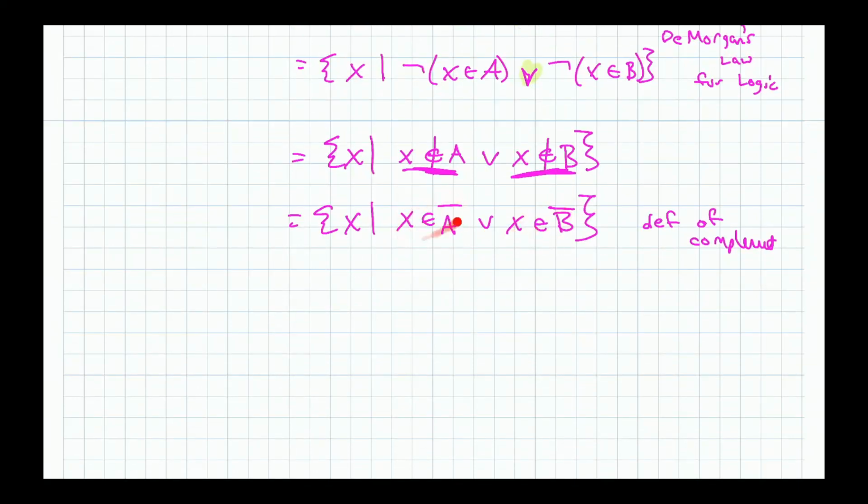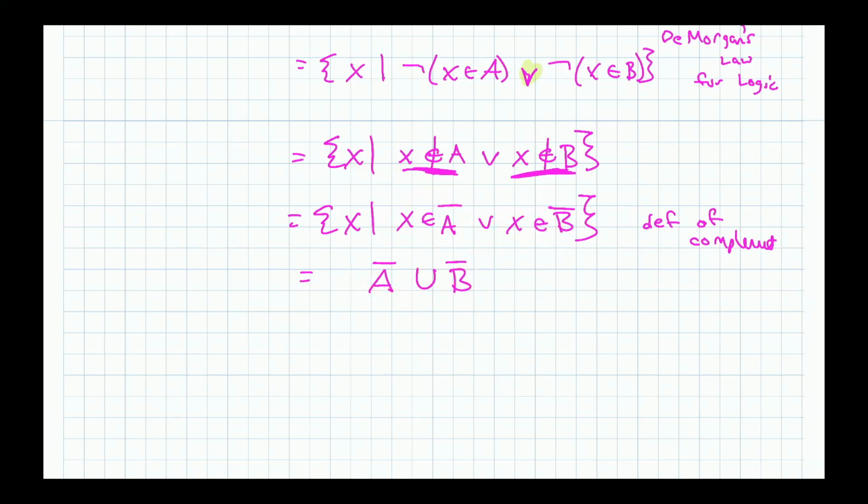Either one, right? All of the x's in A complement and all of the x's in B complement together make up A complement union B complement. So that's everything in both.